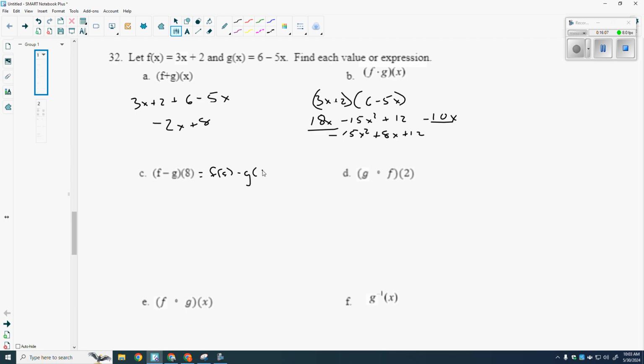This means f of 8 minus g of 8. So f of 8, put 8 right there. I get 24 plus 2 is 26. G of 8, put 8 right there. I get 40. 6 minus 40, negative 34. Subtract. Oh, be careful. It almost got me, but I caught it.